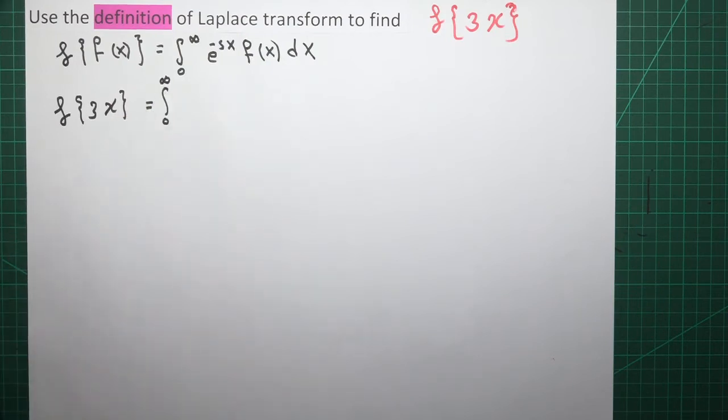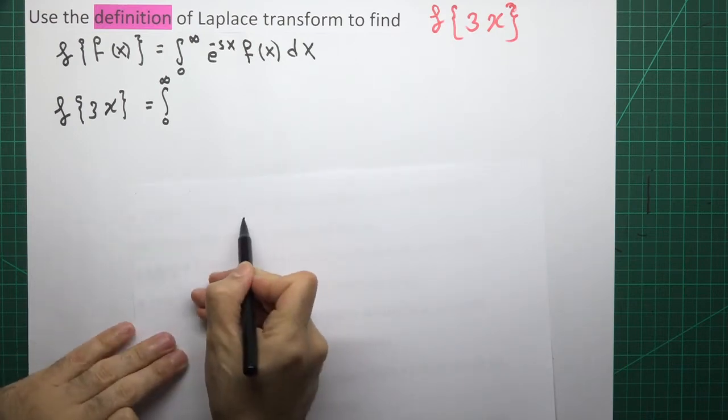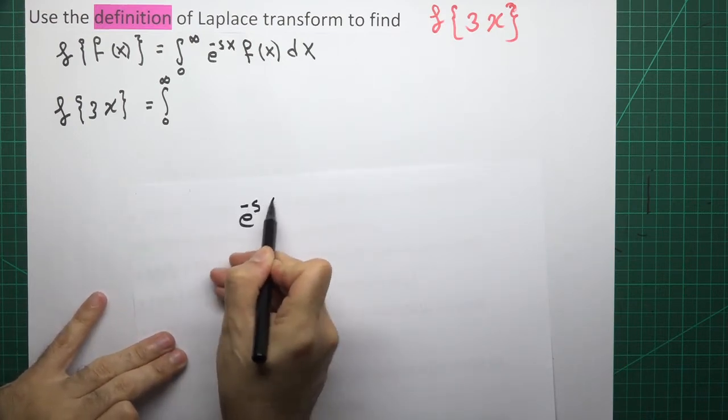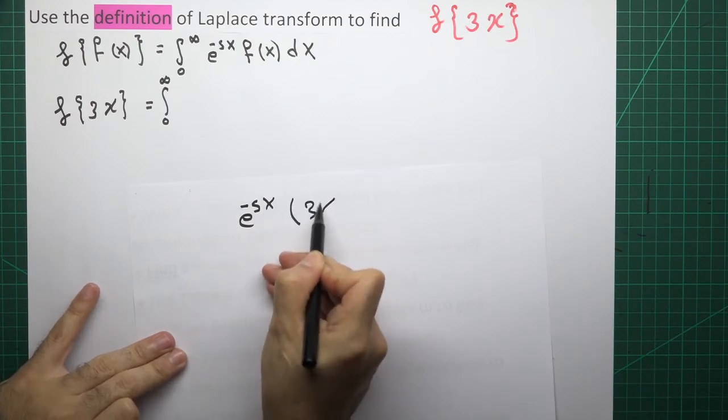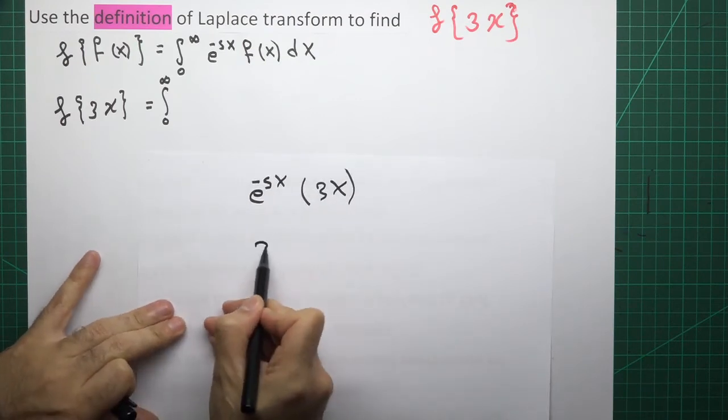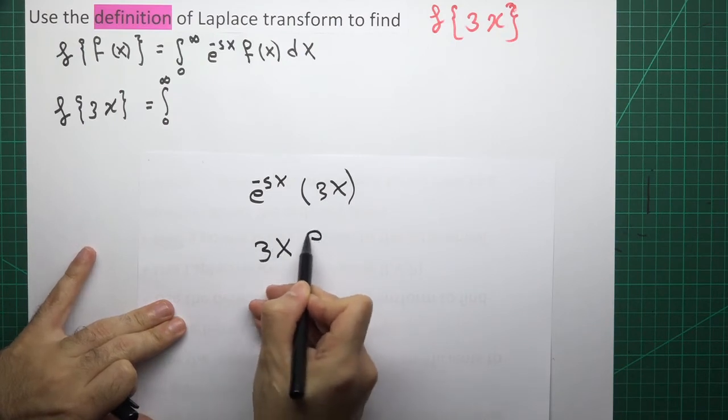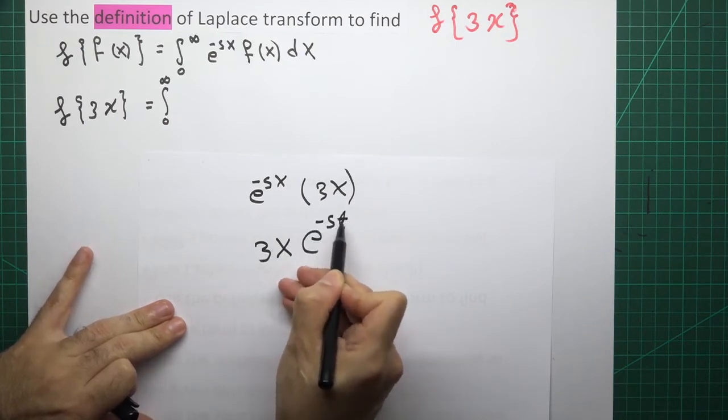والآن يا أصدقاء راح نضرب بطبيعة الحال e to the minus sx times 3x، بس ما راح نكتبها بهذا الشكل، وإنما راح نكتب البولينوميال بالأول then الاكسبوننشال.